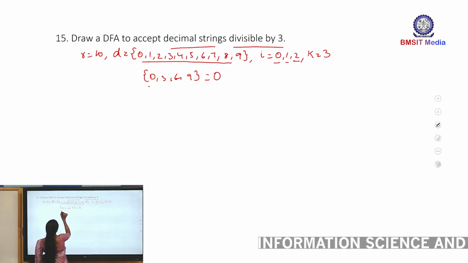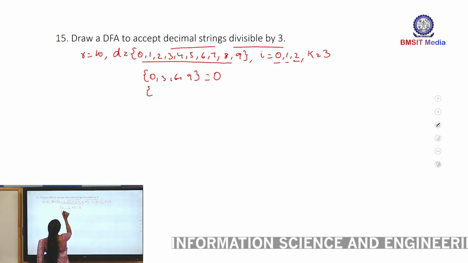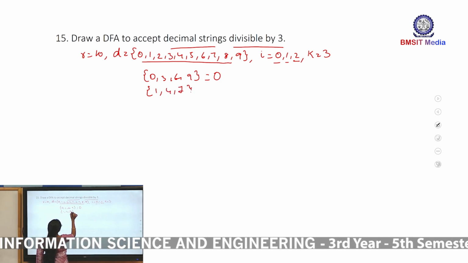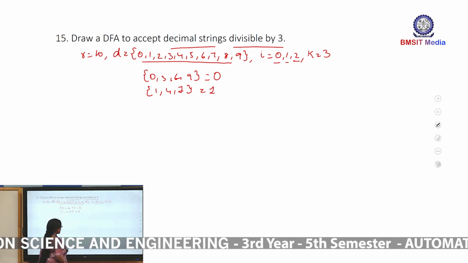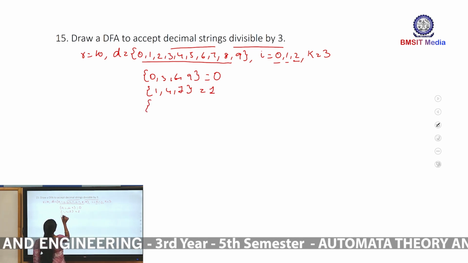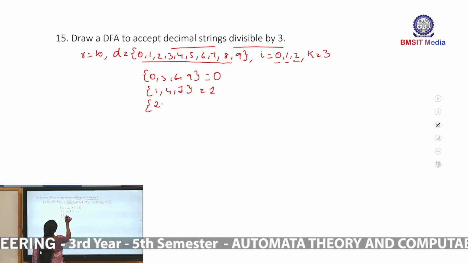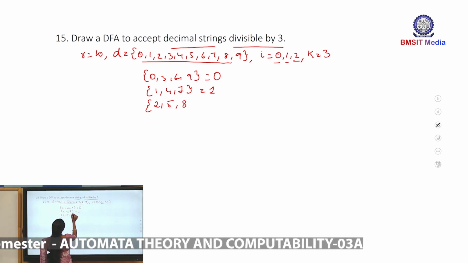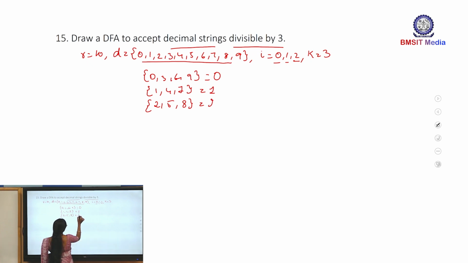Similarly, if I take the next combination of 1, 4 and 7, this will give me a remainder of 1. The next one is 2, 5 and 8, which will give me a remainder of 2. So these are the sets. I'll be making use of 3 states, Q0, Q1 and Q2, in the problem.